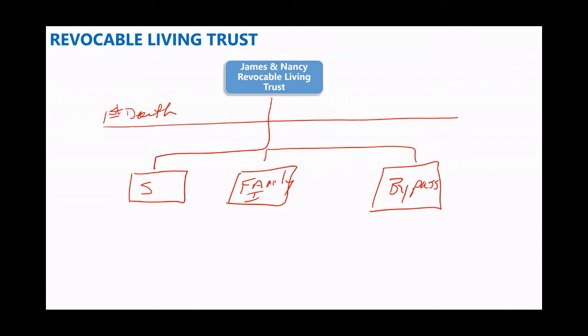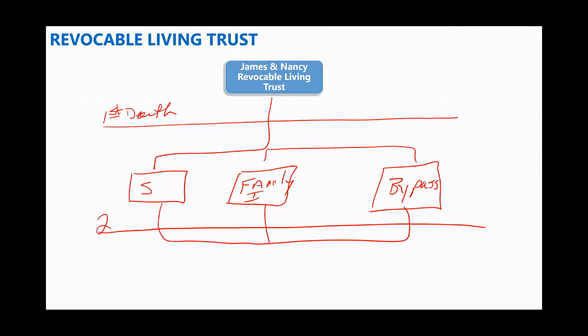Those are set up as in the ABC trust planning to make sure that we don't have any estate tax issues at the first death. But then when we come down to the second death, everything really combines back together and we can pass it down to the heirs.